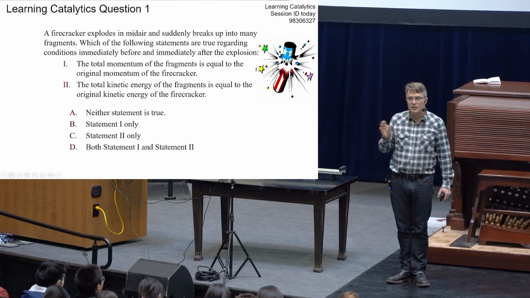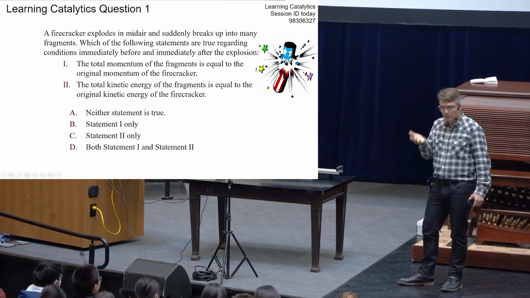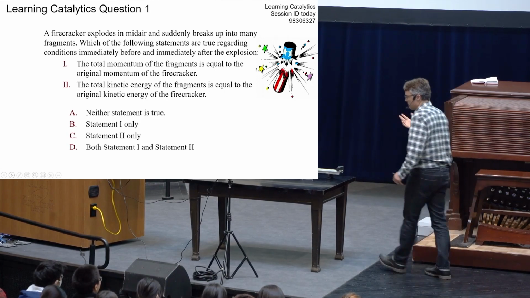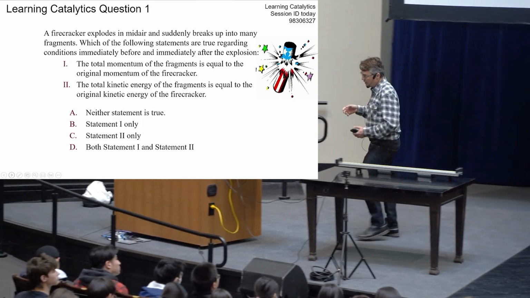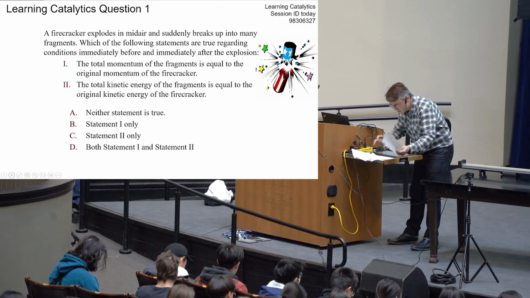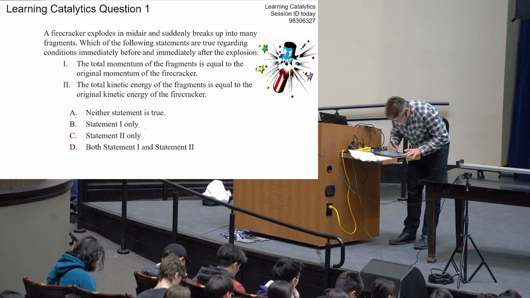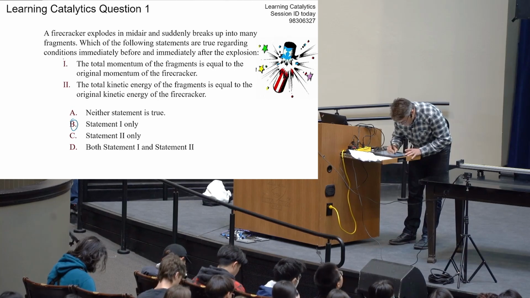So there can't be very much change in the momentum of the system. This is called the impulse approximation. I'll write it down because it's important. So the answer is B, just this.